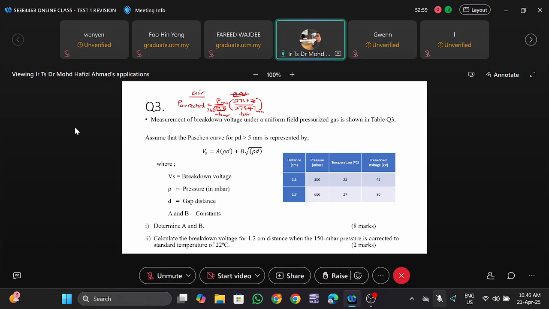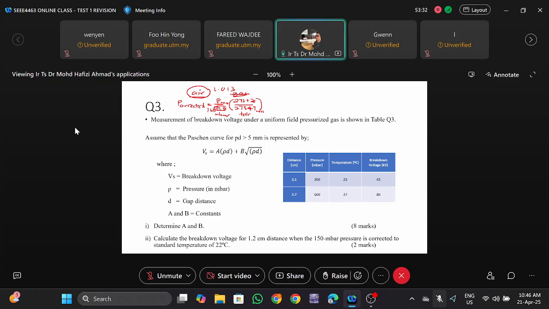Basically we are given bar or millibar, so that's why you should divide by 1013. This is only for air. You must read the question carefully.